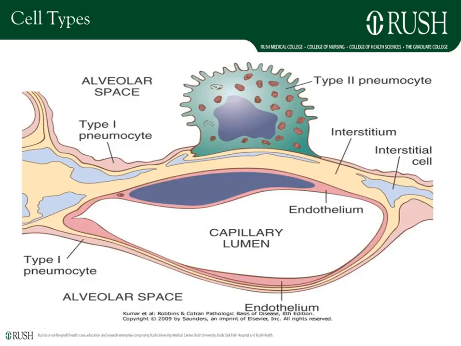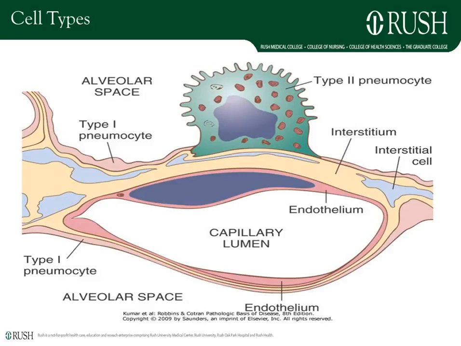So here's another view of the wall of the alveoli and the interaction between the capillary and the airspace, and really just a little more elegantly put together than my stick drawing. But it has all the same elements.